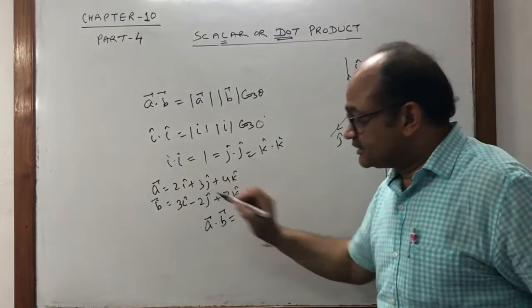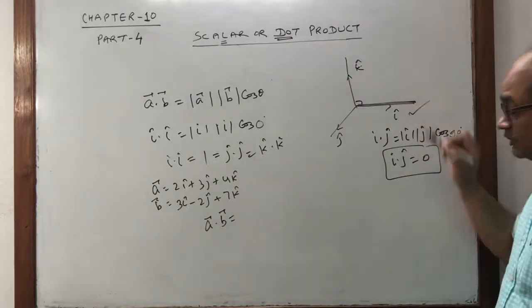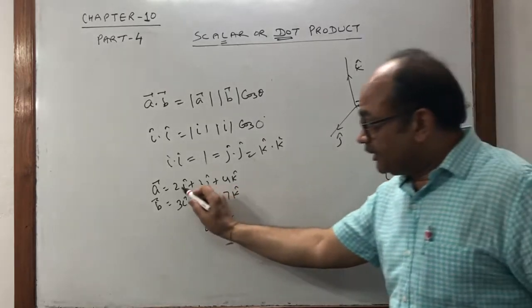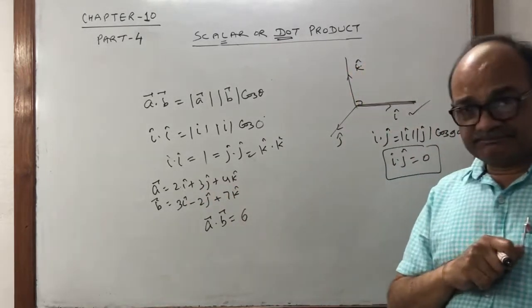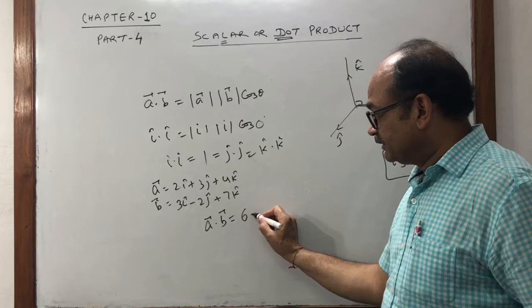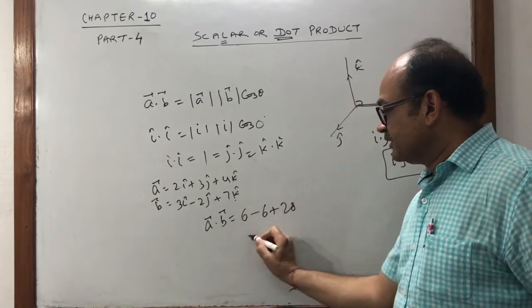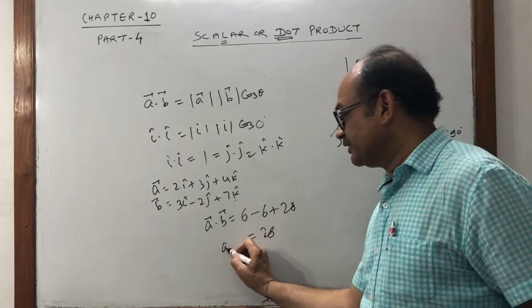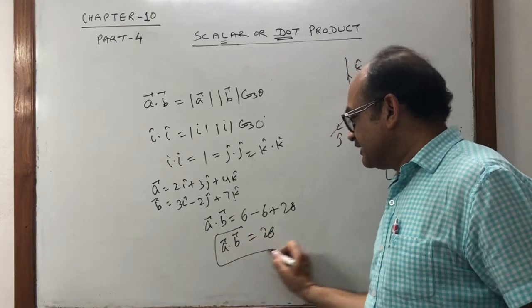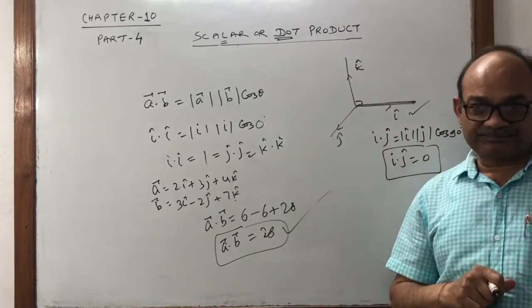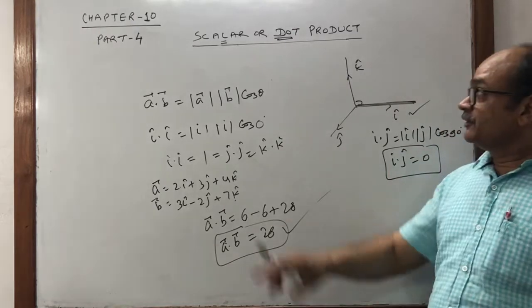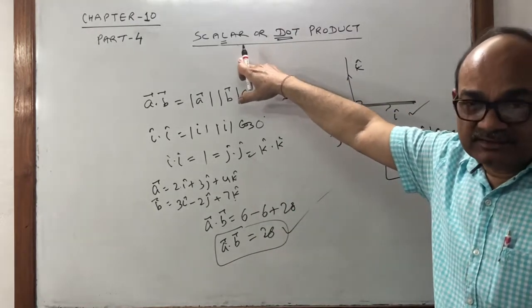Here the direct answer is, since we are using the orthogonal system, I dot I, that is 6, J dot J, that is minus 6, and K dot K, 28. Hence the answer is 28. And what we are seeing is a scalar quantity. So A dot B we are always getting a scalar number.